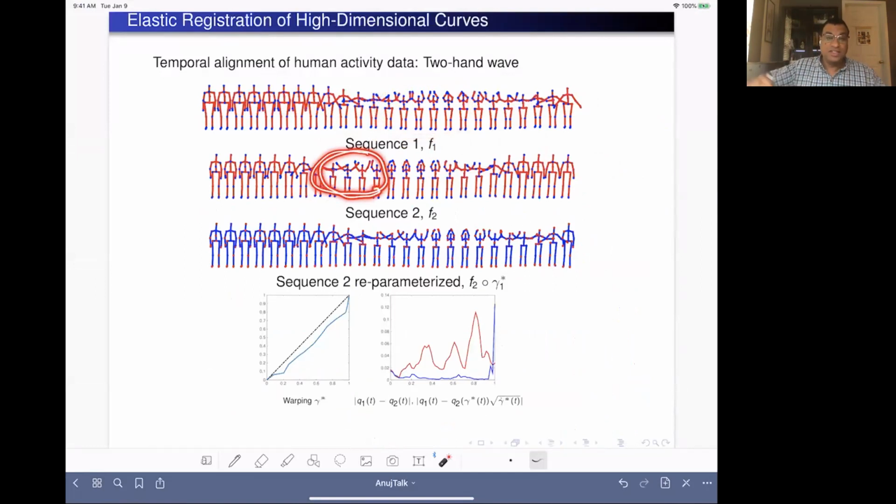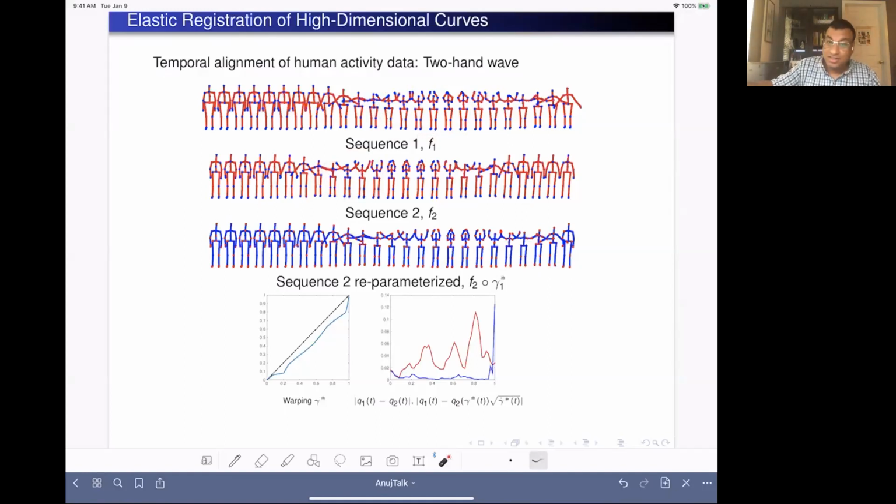A person is performing a certain action and you perform the action slightly differently. You're not always synchronized. Even if you're swinging a golf stick, it's the same person swinging the same golf stick in the same location, you will not be synchronized. You have some time variability. That's a very difficult, challenging problem in the analysis of activities or actions of the human body.